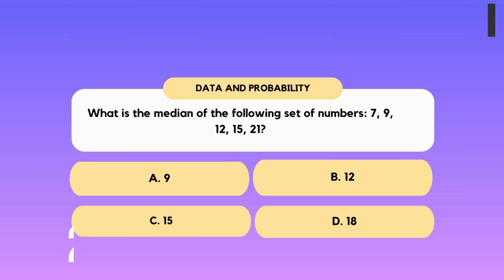What is the median of the following set of numbers 7, 9, 12, 15, 21? A. 9. B. 12. C. 15. D. 18.